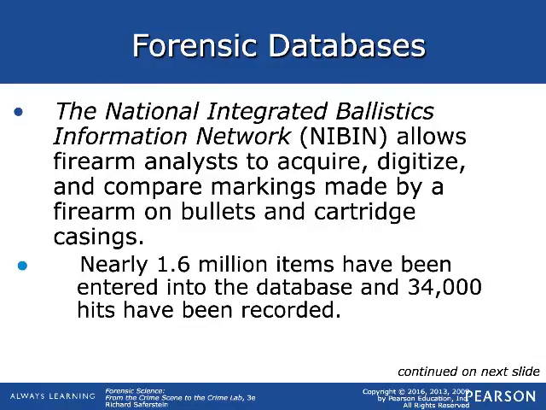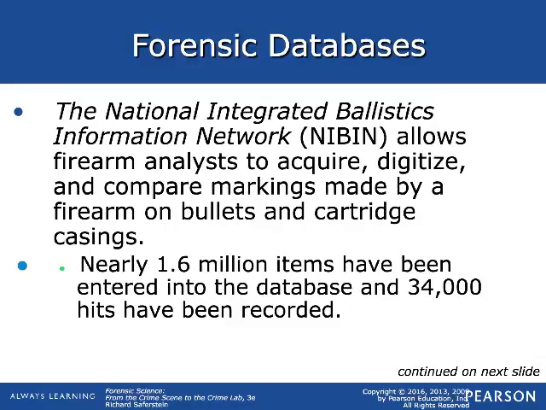Okay, now this is the National Integrated Ballistics Information Network. It's for firearms. Analysts can acquire, digitize, and compare markings made by a firearm on bullets and cartridge casings. This is kind of cool. 1.6 million items have been entered into the database, and 34,000 hits have been recorded.